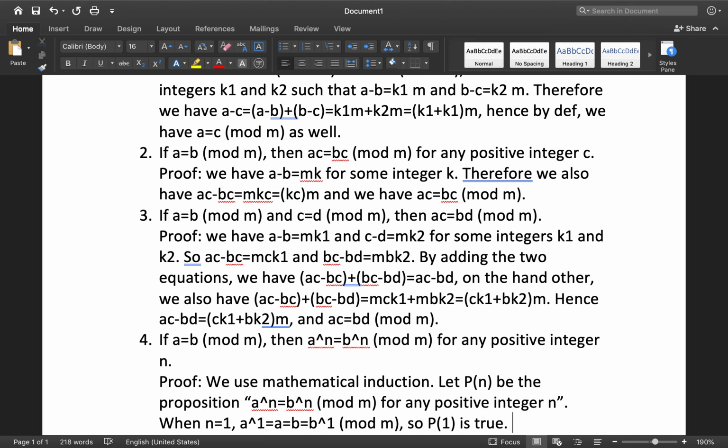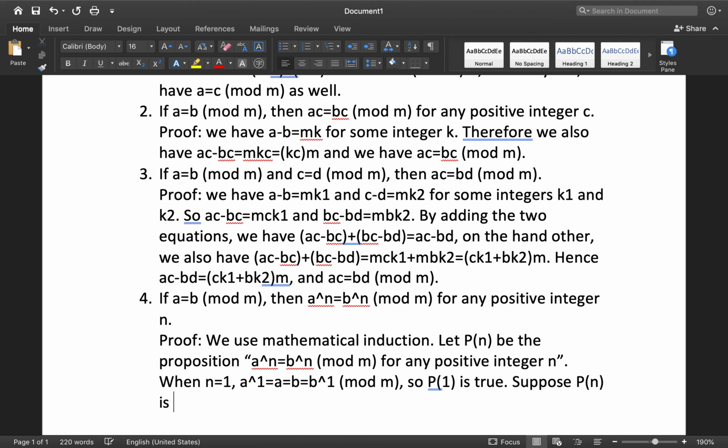So P1 is true. Now if you want to use induction, then you have to assume or suppose P n is true for some integer k. For example, you say n equals k. That means we have a to the power k equals b to the power k modulo m.